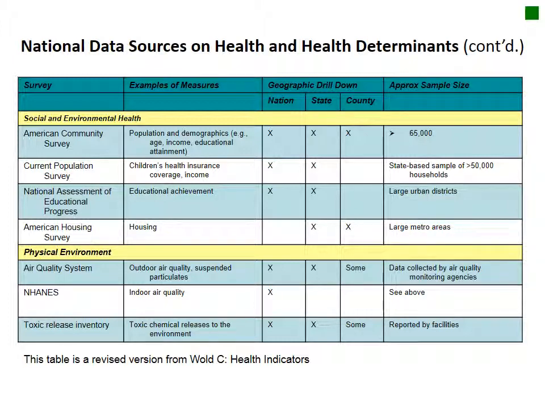So you can think of utilizing the American Community Survey as the denominator when conducting an assessment, and those health outcomes data would be the numerator, for example, when looking at a research project. Again, the physical environment is utilized to assess air quality, indoor and outdoor, as well as understanding toxic elements as well.